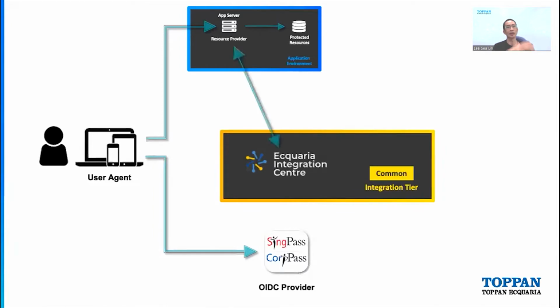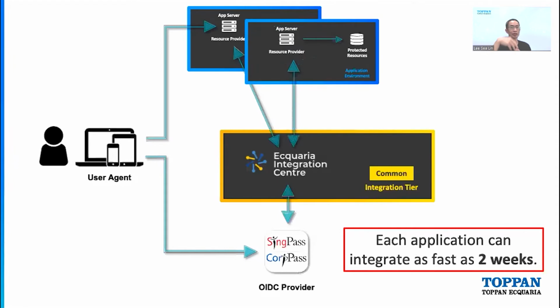Similarly, the integration from the app to the EIC is a simple REST call, and the EIC will do all the heavy lifting of communicating with SingPass, COPA. Once this common integration tier or the common EIC is set up, then it's very easy to onboard subsequent applications.